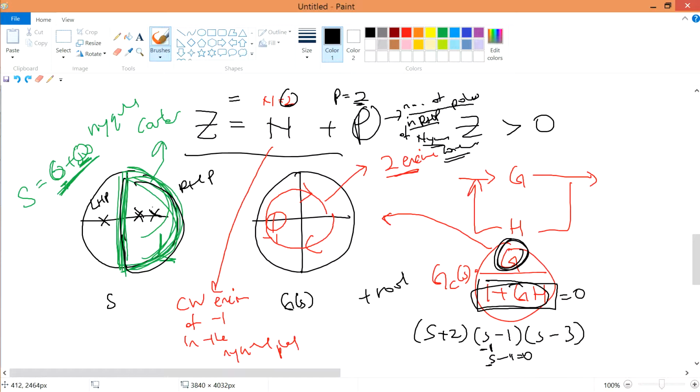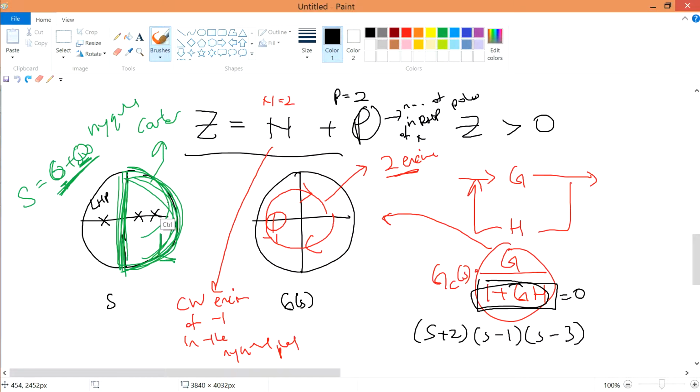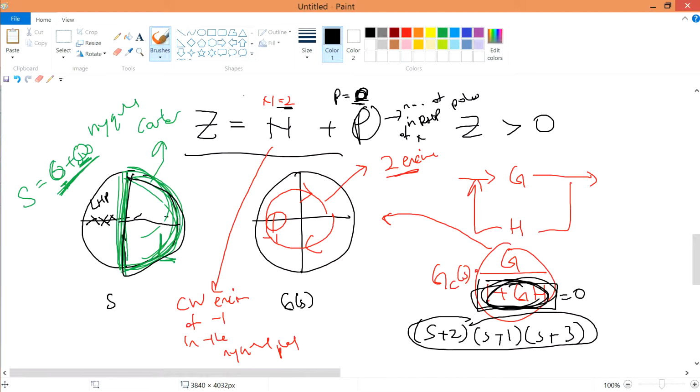If, for example, instead of 2 poles, after I solve for these poles, I have this now, so I have all the poles lying in the left half plane. There are no poles within this contour. This means that P is equal to 0, and 2 plus 0 is equal to 2.